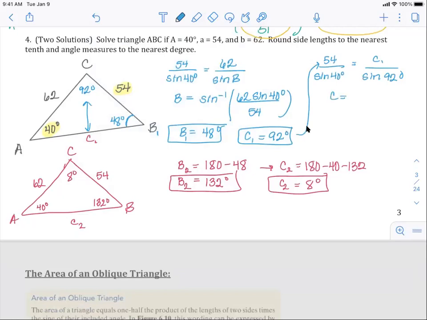So you can put 54 sine 92 divided by sine 40, and we get that little c1 is approximately 84.0 when you round to the nearest tenth. Since it asked us for 1 decimal place, you do need to have the 0.0. If you just put 84 in MyMathLab, it's going to say you didn't round correctly, and so will I on the test. So read the directions carefully.